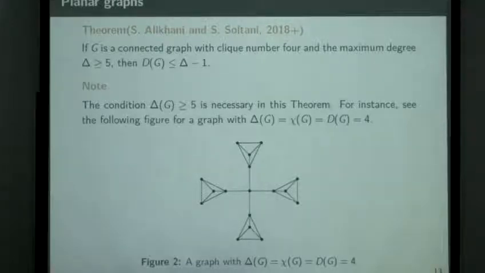And this condition is necessary. As you see here, we have an example for a graph where the clique number, the chromatic number, and the distinguishing number are all 4.